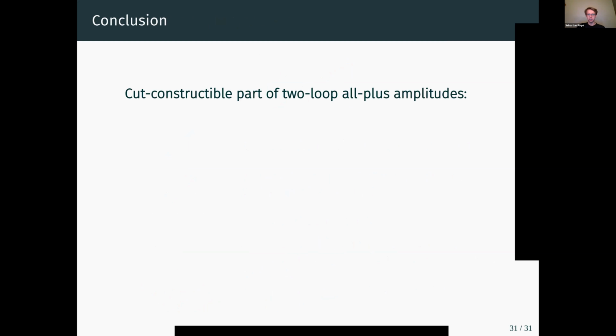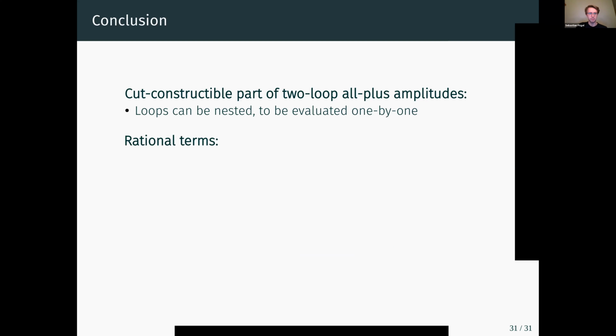So for cut-constructible parts of the two-loop all-plus amplitudes, it is well known that loops can be nested and evaluated one by one to easily obtain results. For the rational terms, this nested loop picture is also applicable and simplifies the computation.